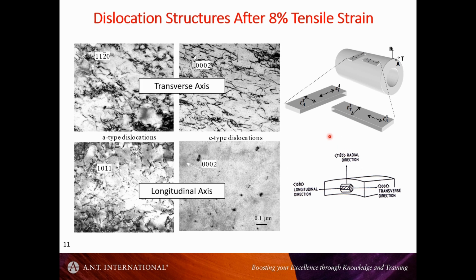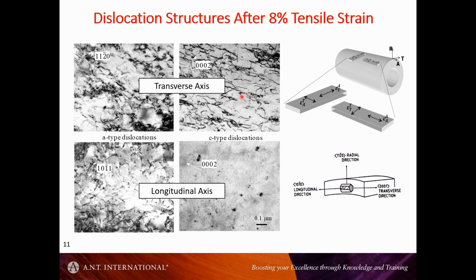Let's say we cut two tensile specimens out. In this case they are bent beam stress relaxation specimens, but it's the same as tensile. If you take this transverse specimen and pull it, along the C-axis, you tend to get a lot of the C plus A dislocations that I showed you earlier.